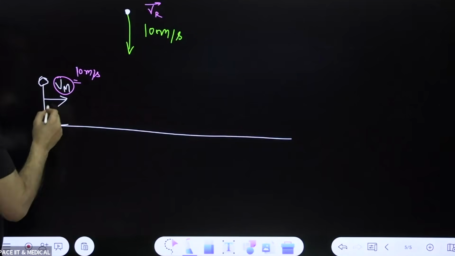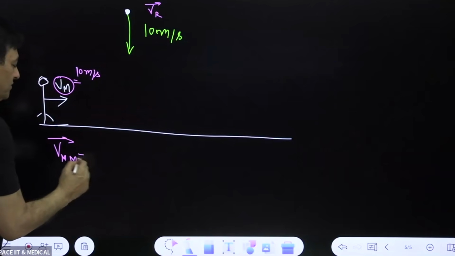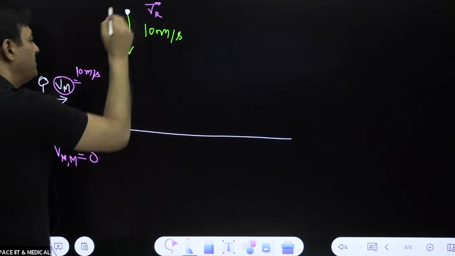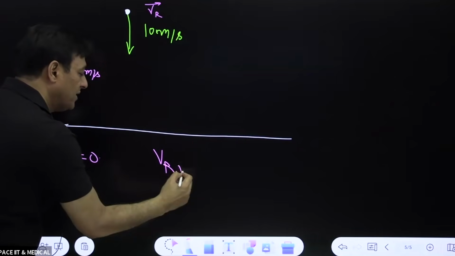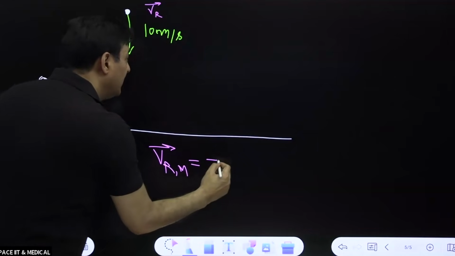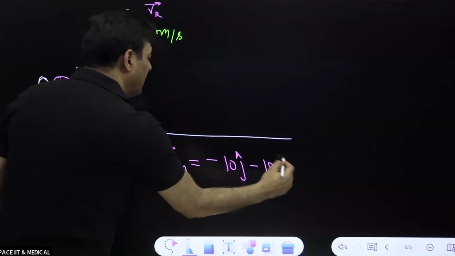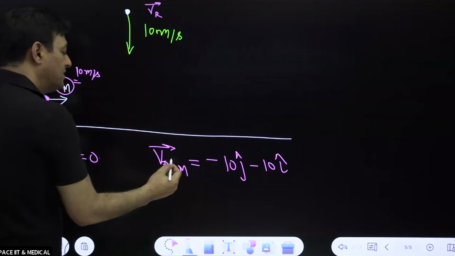Now, velocity of man as observed by the man will be 0. He will feel he is not moving at all. He is at rest. Velocity of rain as observed by man will become minus 10 j cap minus 10 i cap. You can see this. I'm skipping some basic steps.